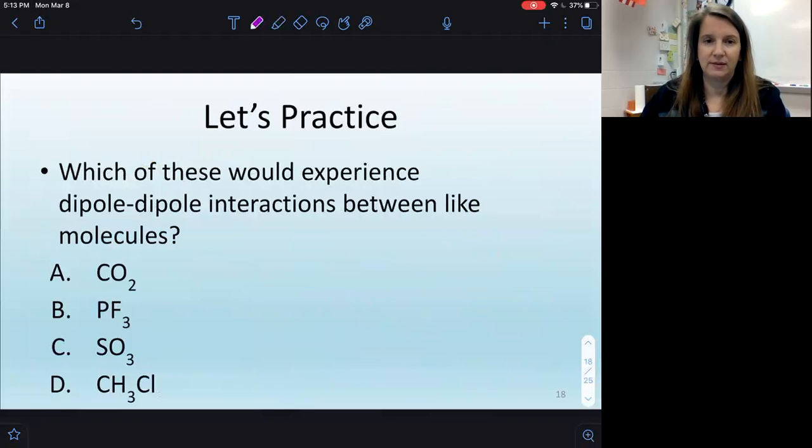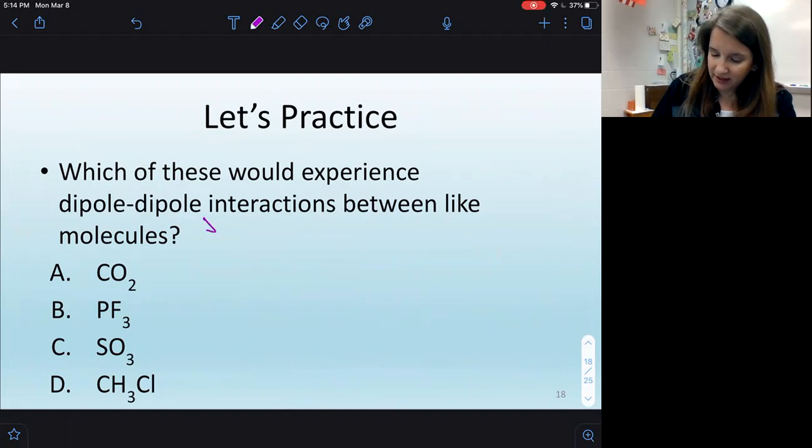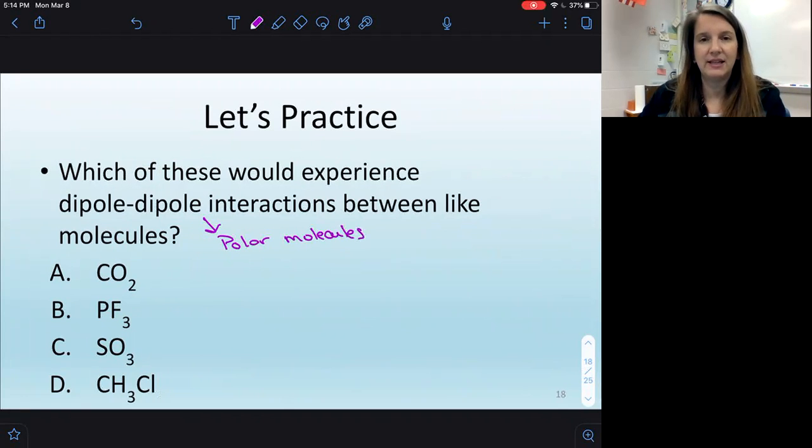So let's practice. Which of these would experience dipole-dipole interactions between like molecules? Like I've said before, dipole-dipole interactions are going to be found between two polar molecules. So you have to draw the molecules to see if these are polar or nonpolar. So I'm going to draw these molecules really quick.